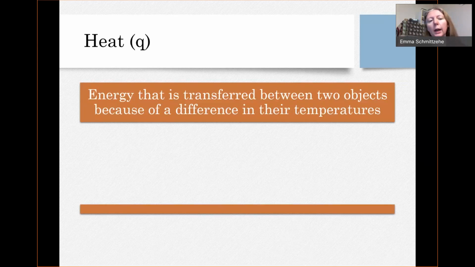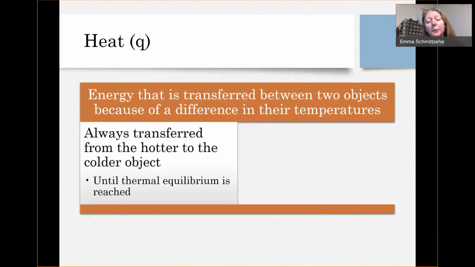And so we'll look at how a temperature difference can be associated with heat.